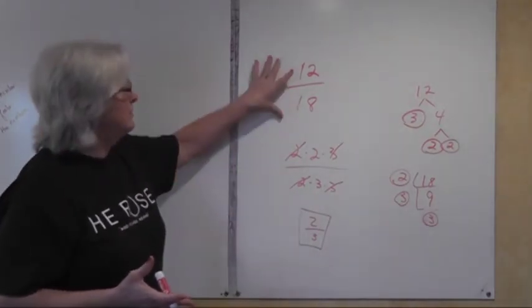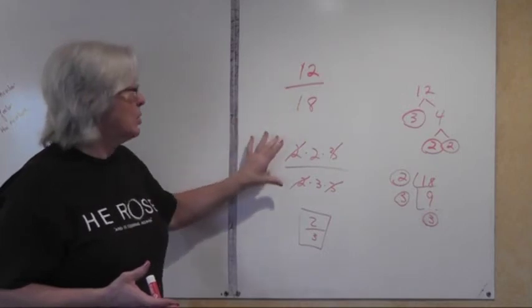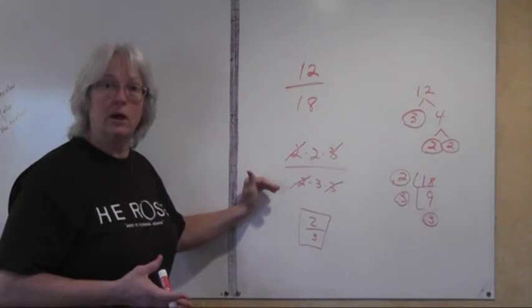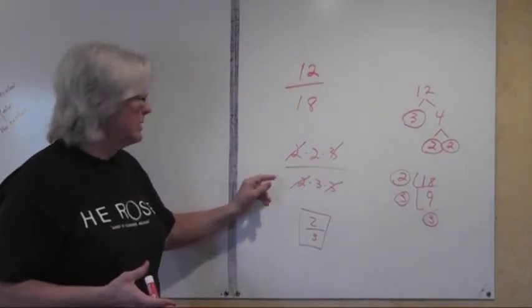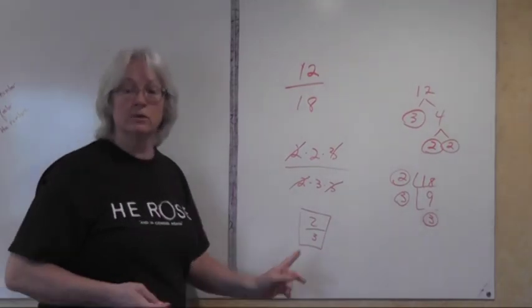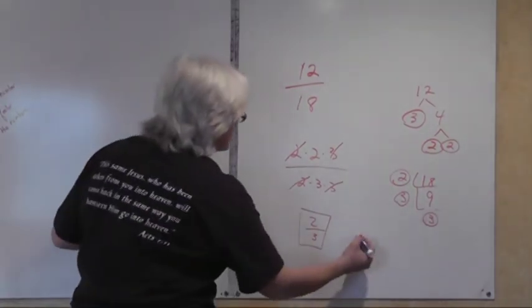So whether you look at this and divide both the numerator and denominator by 6, or you write the numerator and the denominator in prime factored form and cancel common factors, this is what it looks like when you have a fraction that is in lowest terms.